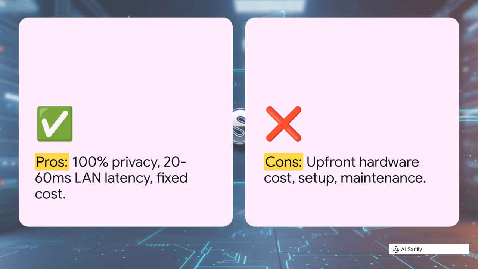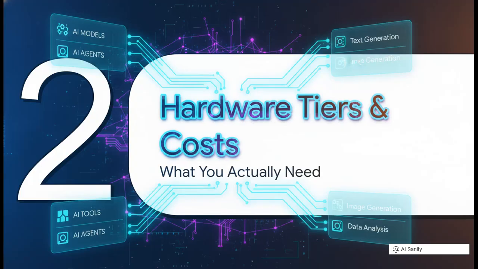Now, on the flip side, the cons are the upfront hardware cost, plus you're on the hook for setup and maintenance. But ultimately, having absolute data sovereignty, plus that instant 20 millisecond response time for agentic coding workflows, it's an absolute game changer.